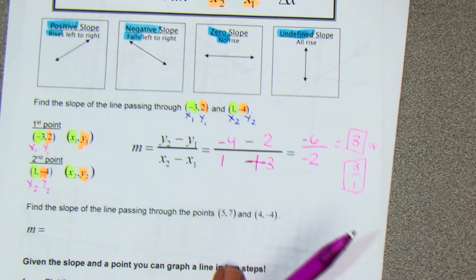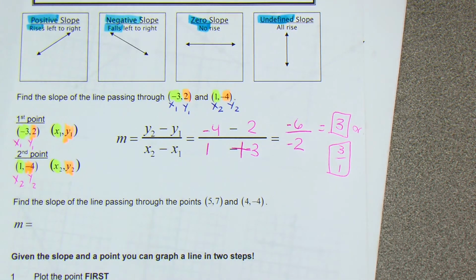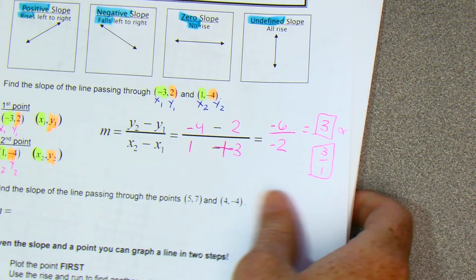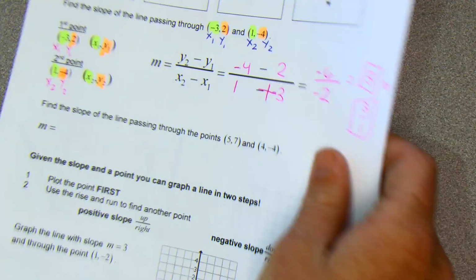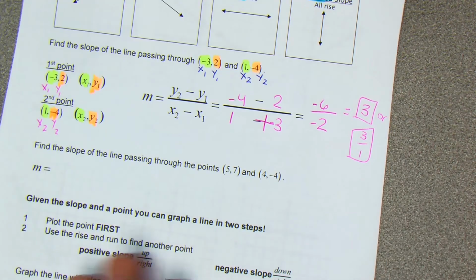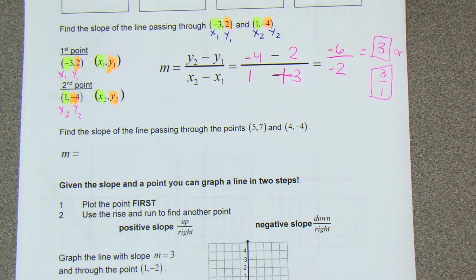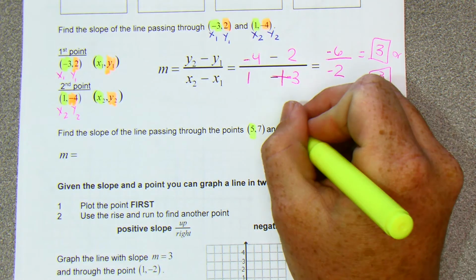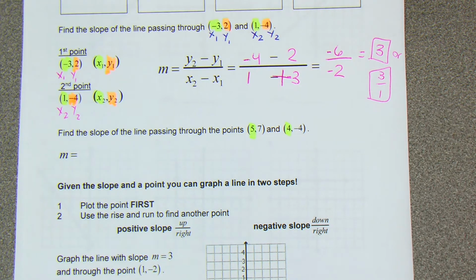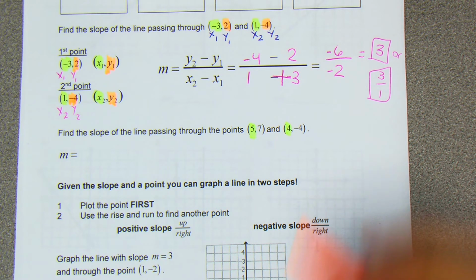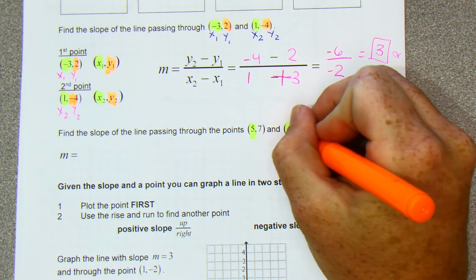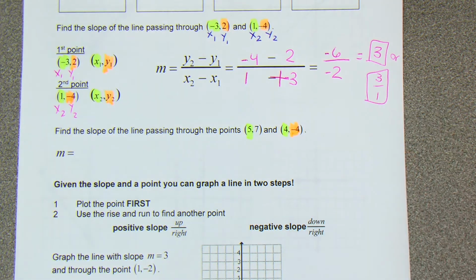Now it gives us 2 more points that we're going to look at and do the exact same thing. I'm going to do all my highlighting and labeling. My x's are going to be in yellow, my y's will be in orange, and then I'm going to label x1, y1, and x2, y2.